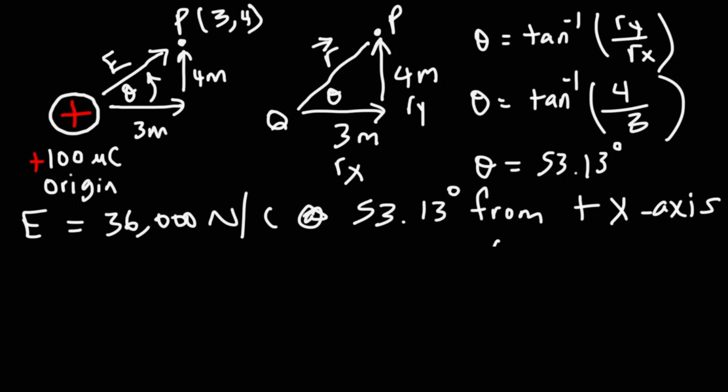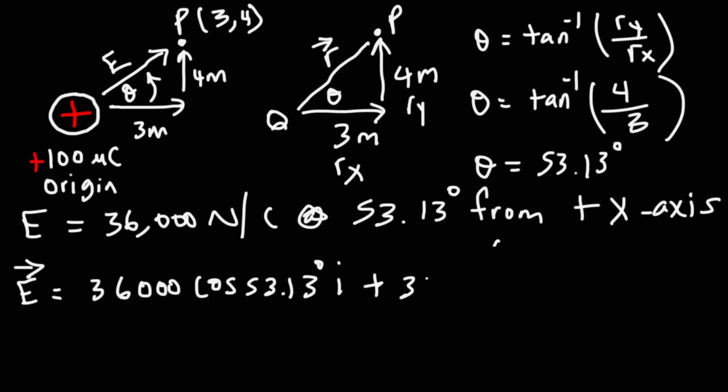Now we can also represent our answer using the unit vectors i and j. So the electric field vector is going to be the magnitude times cosine of the angle 53.13 times unit vector i, plus the magnitude times sine of the angle times unit vector j.